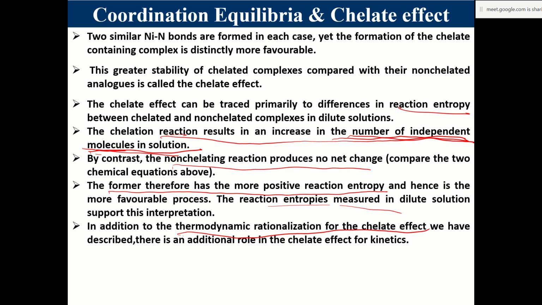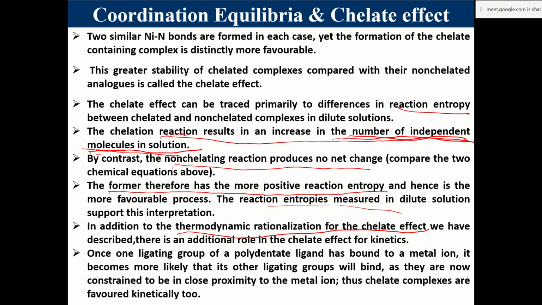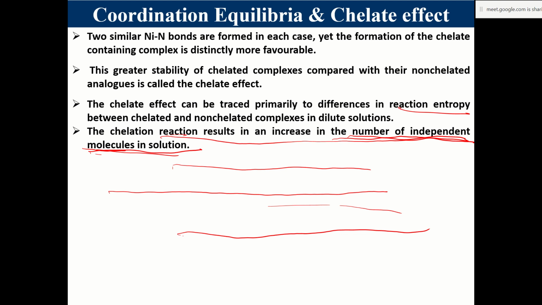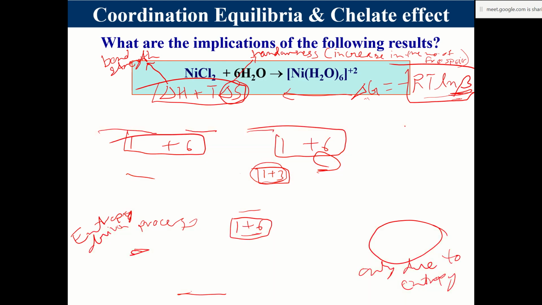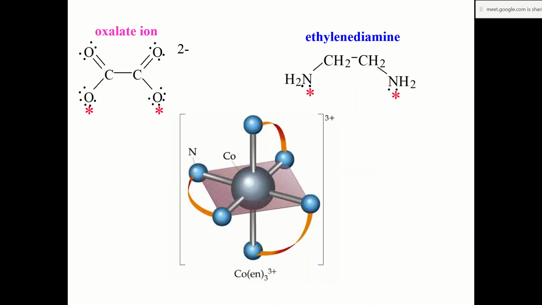But there is one more aspect that we can relate to. Suppose a polydentate ligand has bound to a metal ion. If you try to break one of these bonds, it is more likely to recombine with the metal. Imagine this is a molecule in a solution.